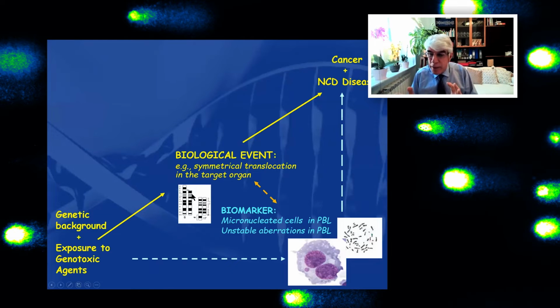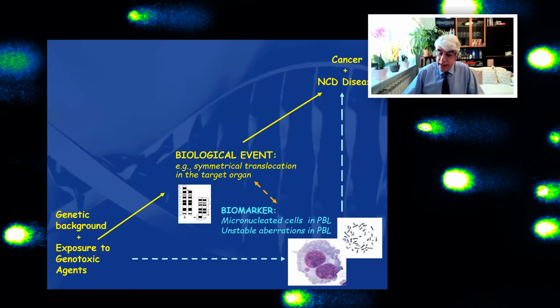The main idea supporting these results is that you have an exposure inducing the biological event, in that case probably a symmetrical translocation in the target organ. You cannot measure this relevant event there, but you can measure surrogate endpoints in surrogate tissue, perhaps in lymphocytes.